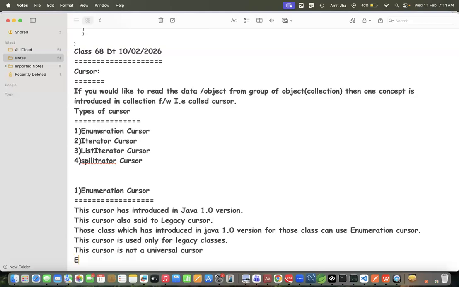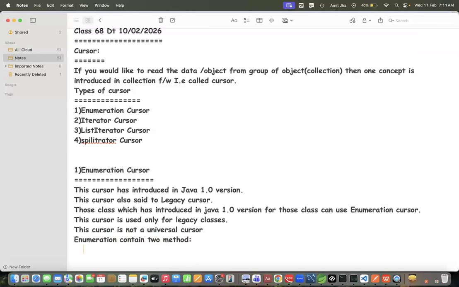So Enumeration contains two methods. The first method name is hasMoreElements.